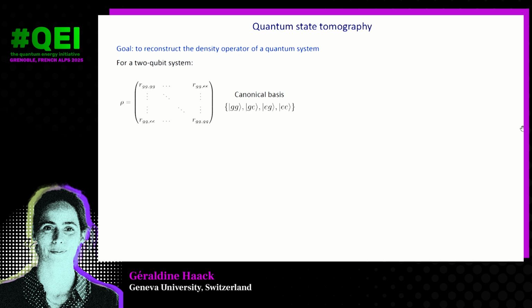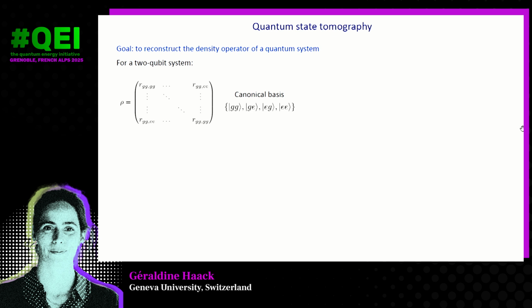So okay, let me introduce the idea. Let me start from the beginning. If I have a 2-qubit system, I can describe it by its density operator, which I can write as a matrix, choosing some basis for the Hilbert space of the 2 qubits.